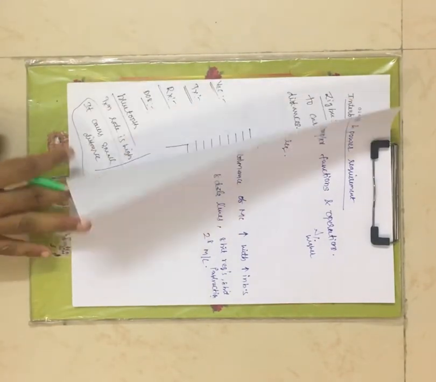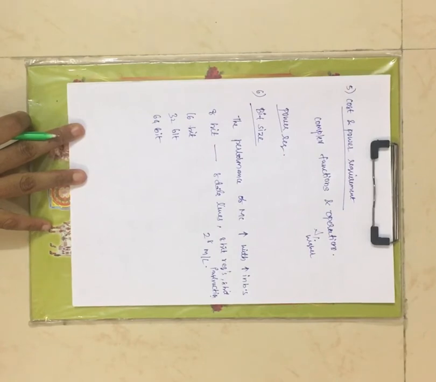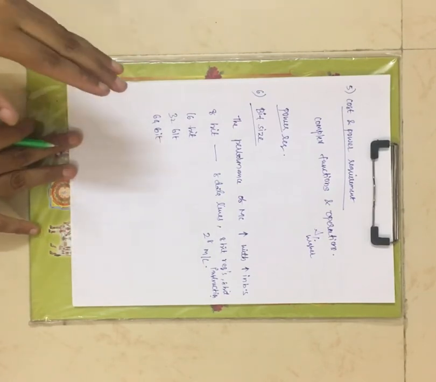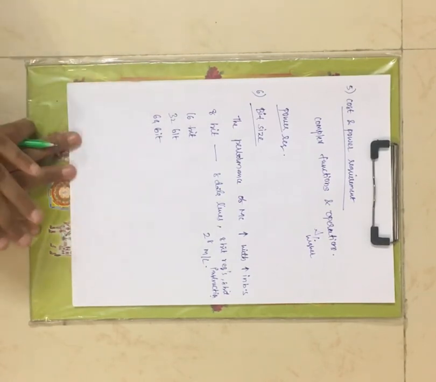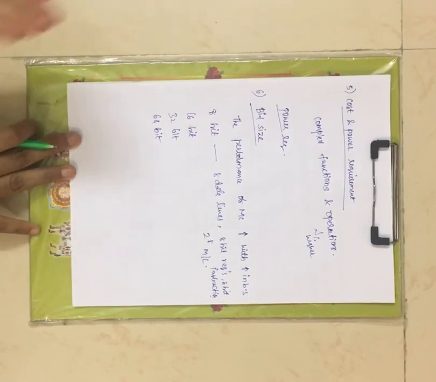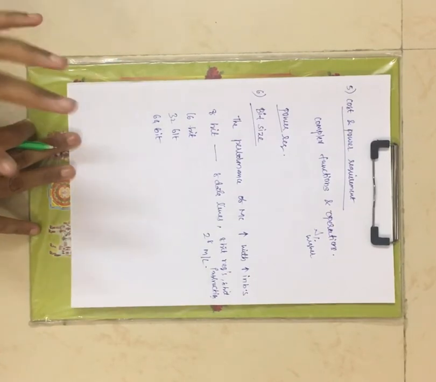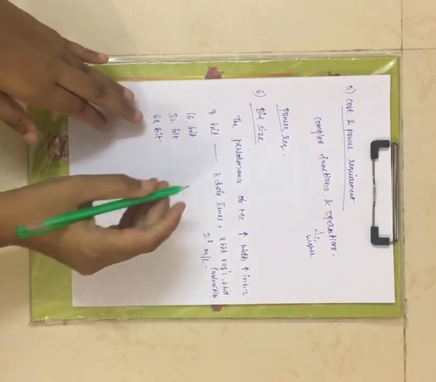The total features of a particular microcontroller will depend on its bit size only. If it is an 8-bit microcontroller, it will be having 8 data lines, 2 power 8 memory locations, 8-bit registers, and an 8-bit instruction set.